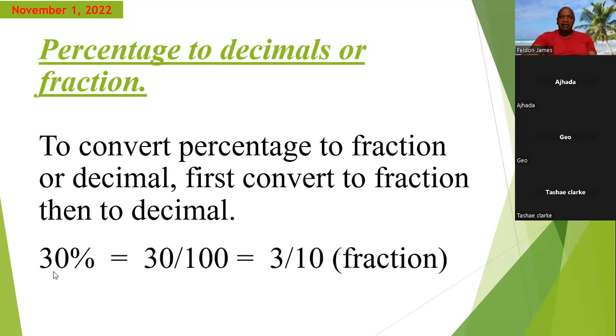Here we have 30%. We would write it first as a fraction, which is 30 over 100. Cancel it down as a simple fraction, and then convert the fraction to decimal. To do that, what would we do if we are converting this fraction 3 over 10 to decimal, Ms. Clark?